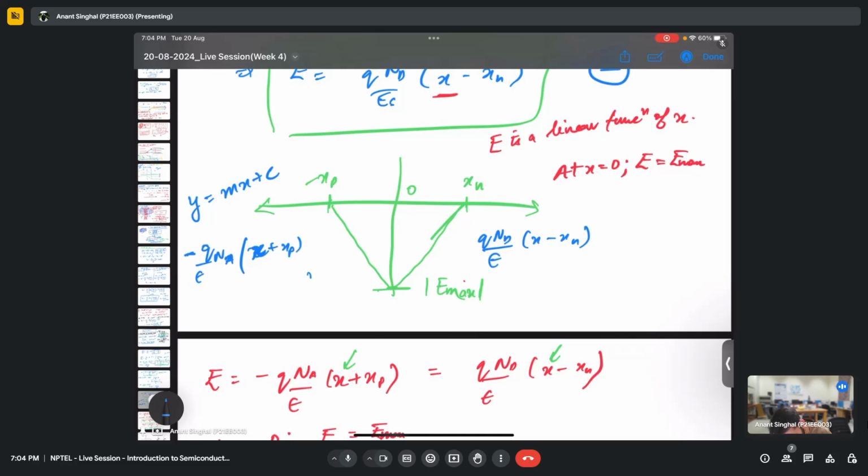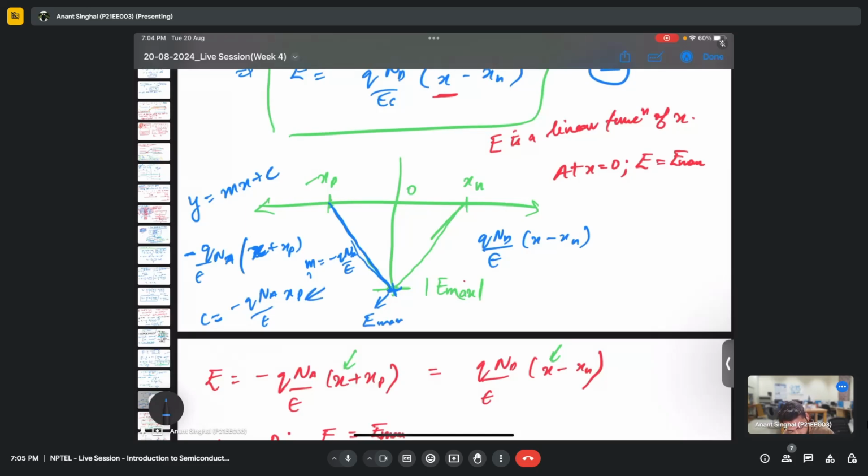The value of c is minus Q Na xp by epsilon, which is some negative constant, and the slope m is minus Q Na by epsilon. So we have a negative slope with a negative intercept, which is also the E max that I've calculated.